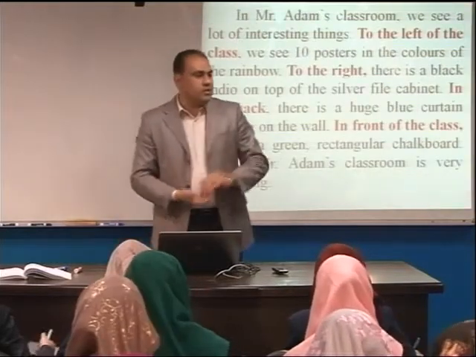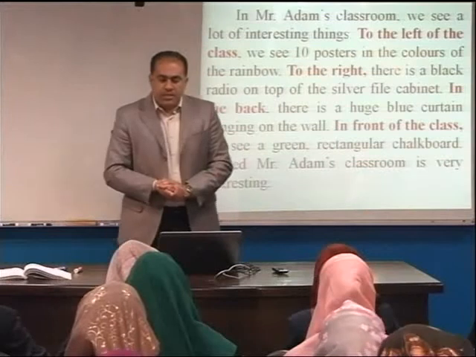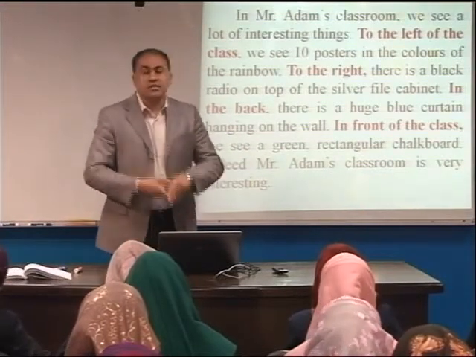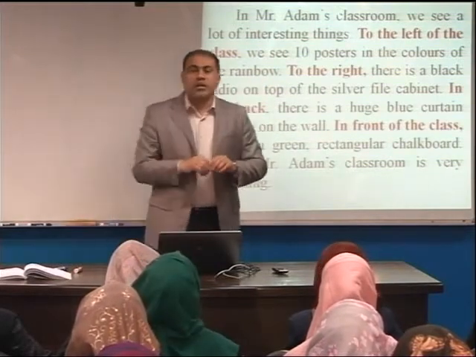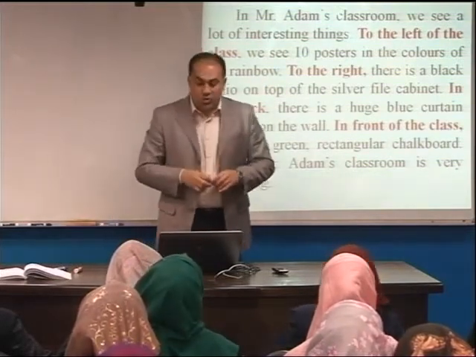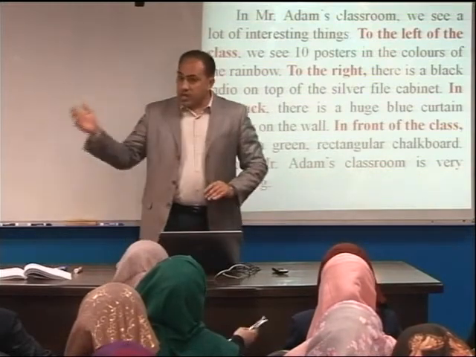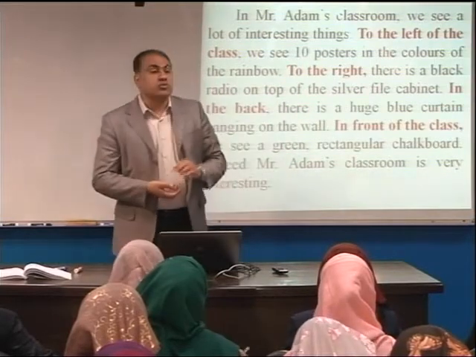Let's look at this example of a paragraph where we describe a place. For instance, in Mr. Adams' classroom, we see a lot of interesting things. This is the topic sentence. It names the topic and states the controlling idea: we see a lot of interesting things. To the left of the class, we see 10 posters in the colors of a rainbow.